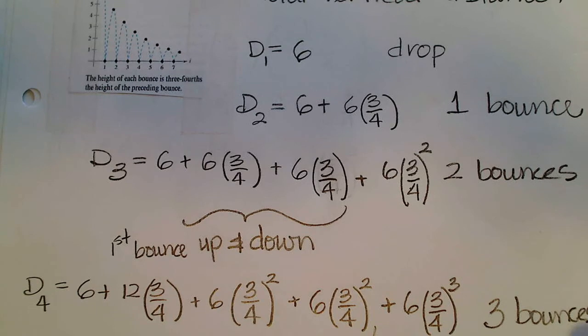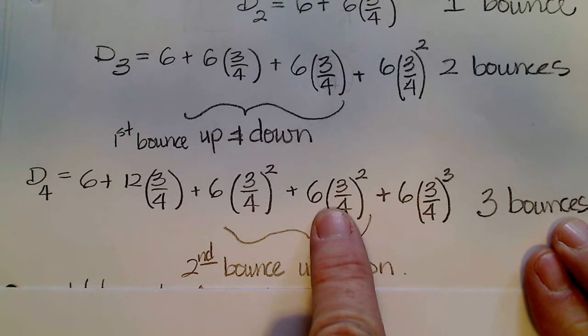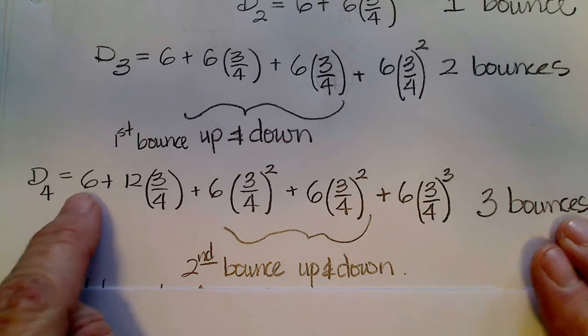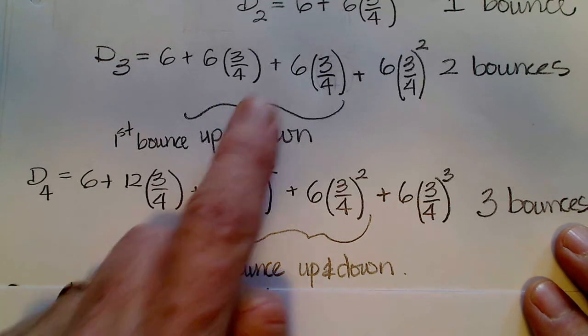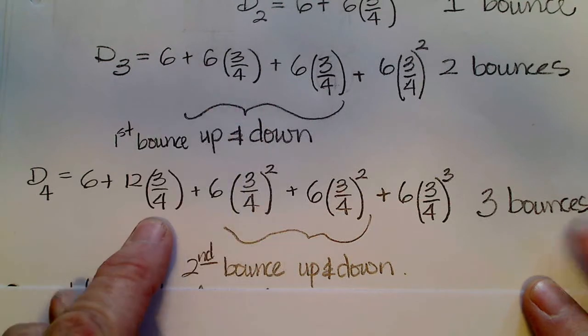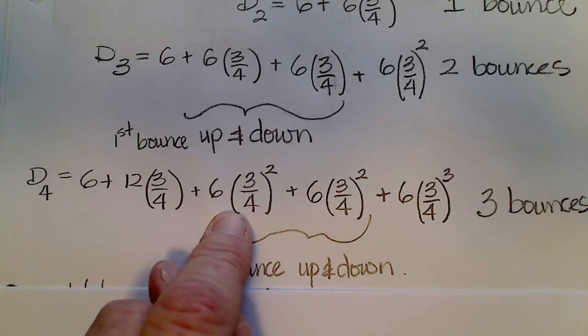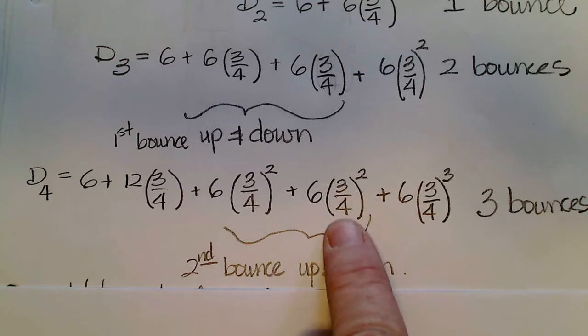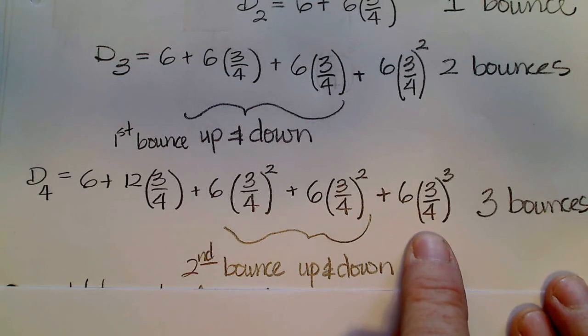So to make the third bounce, I have to go back down. So this is the drop. This is from my first bounce right there. That's my first bounce, up and down. This is back up after the second bounce. This is down after the second bounce. This is up after the third bounce.